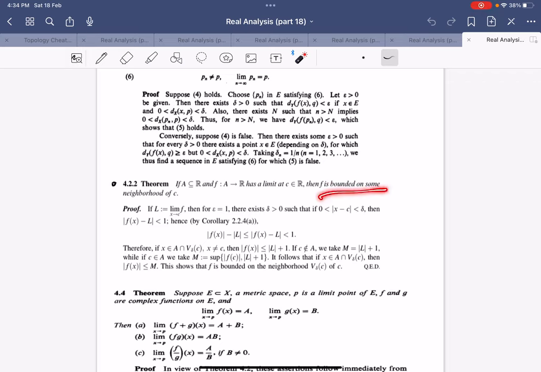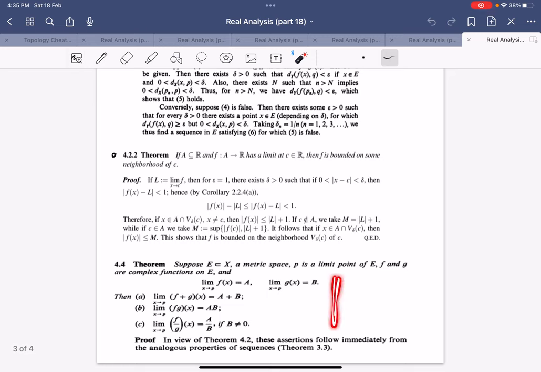That's because you can apply the same idea as when you prove why a sequence that converges is bounded. And then you can also prove all the limit theorems from calculus. I'll leave it to you to look at our calculus video to understand it.